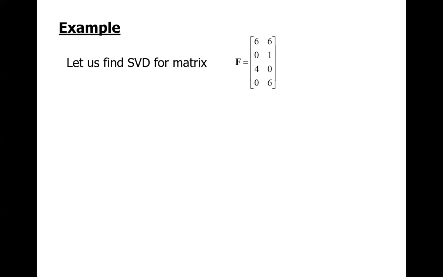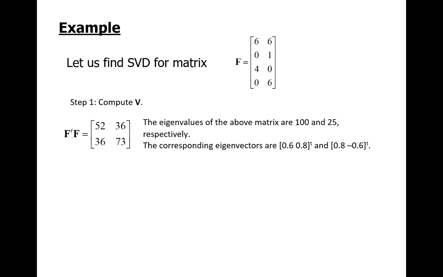So what we will do is calculate matrix V, and matrix V will be calculated using F transpose F. We take matrix F, take its transpose, and multiply that transpose by matrix F. That will give us a 2 by 2 matrix.